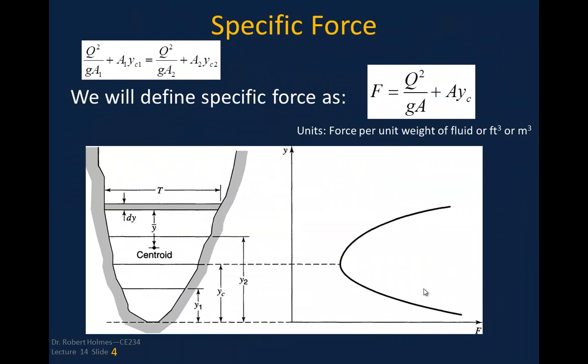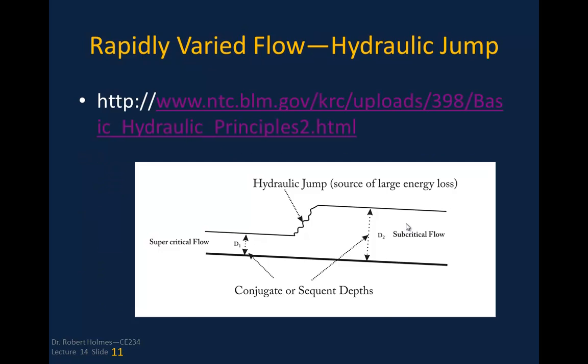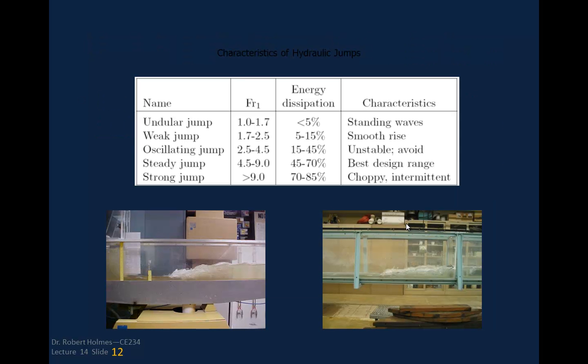You can see that for a particular value of specific force, we have two values of y that can satisfy that specific force. So those are conjugate or sequent depths. We had alternate depths, if you remember, in the specific energy diagram, where we had two depths that satisfied the same specific energy.